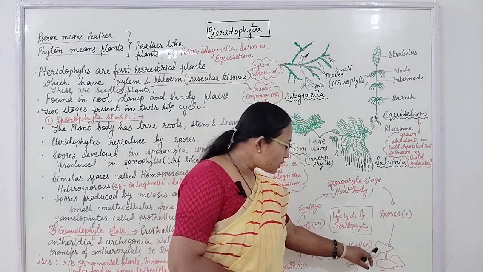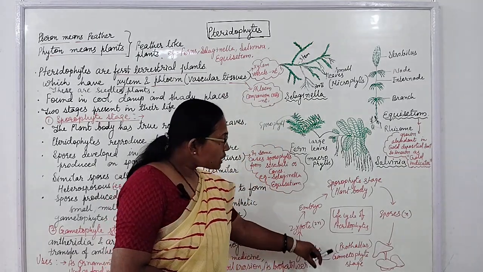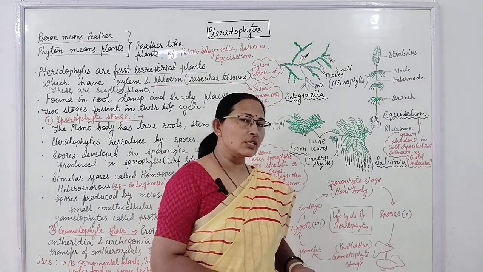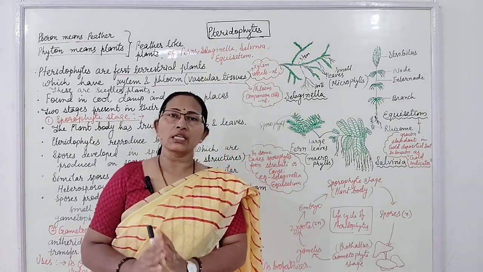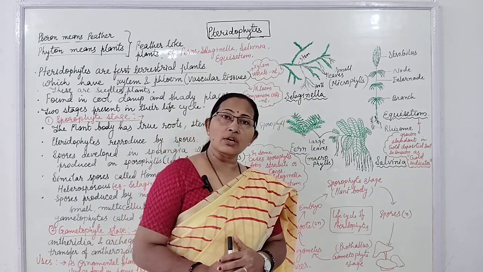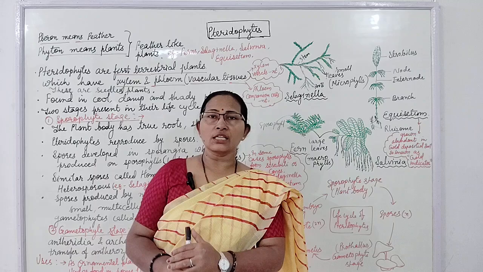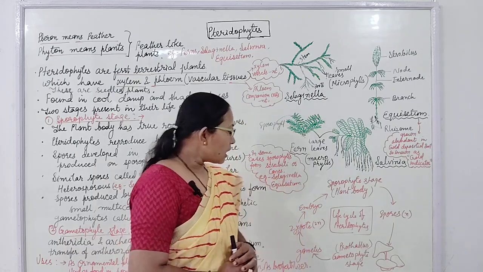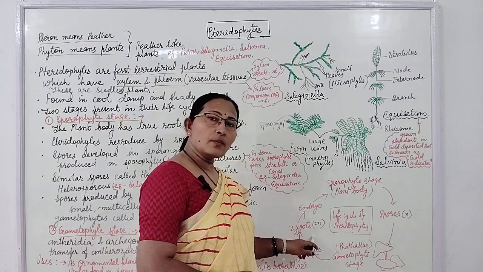On the prothallus, the male sex organ, called antheridia, and the female sex organ, called archegonia, are present.